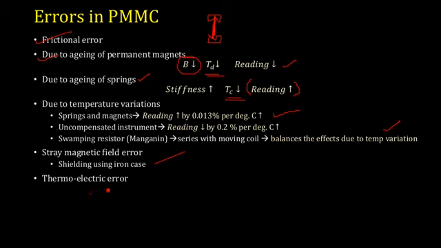Now the last one is a thermoelectric effect. These generally occur in shunts due to unequal heating. Due to unequal heating, the increase in temperature at the shunt as well as at the working coil or the moving coil will be different.